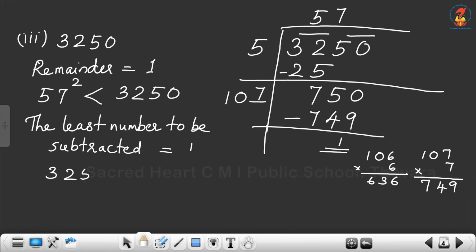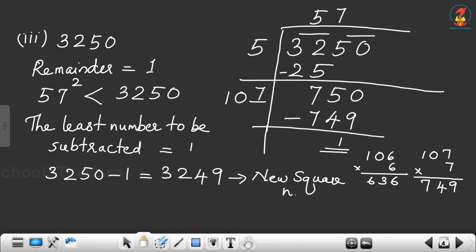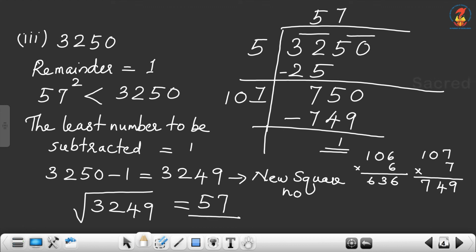Therefore, 3250 minus 1 equal to 3249. So this is the new square number, and the square root of 3249 is equal to 57.